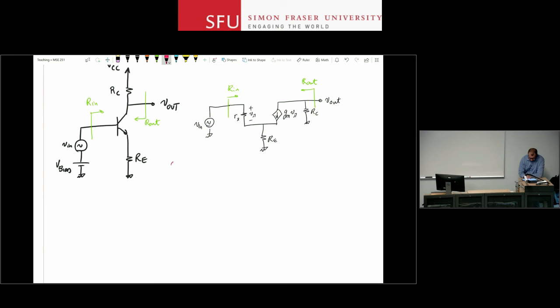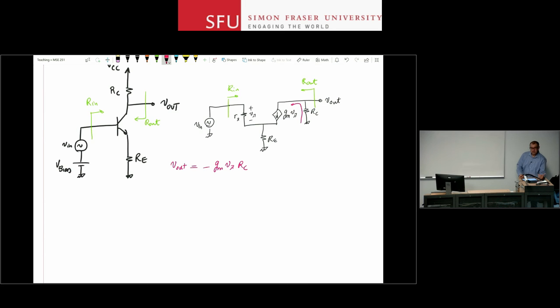So I look at vout. I want to find the vout, vin relationship, right? Like before, vout is still given by the voltage drop across RC. I look at the current through RC. It is still gm vpi. There is no other node here. So vout is minus gm vpi RC. Okay? So this is the same as before. My output circuit hasn't changed.